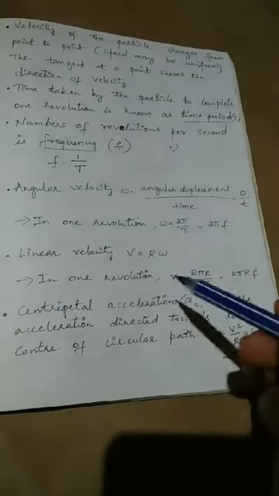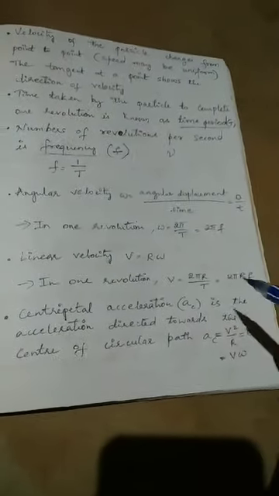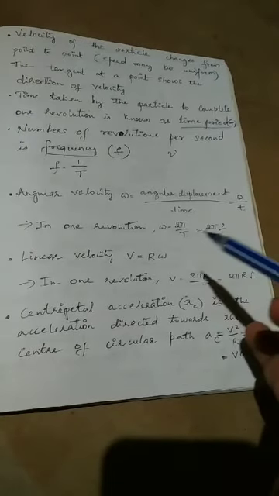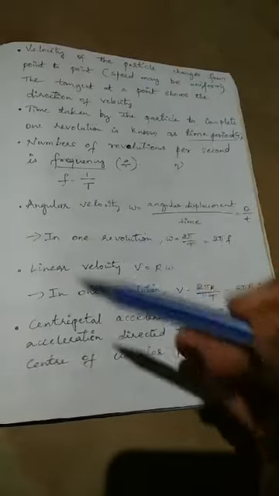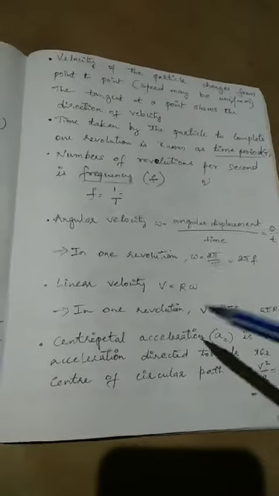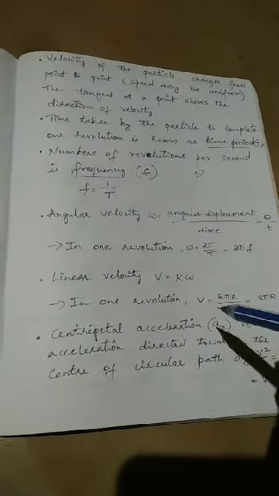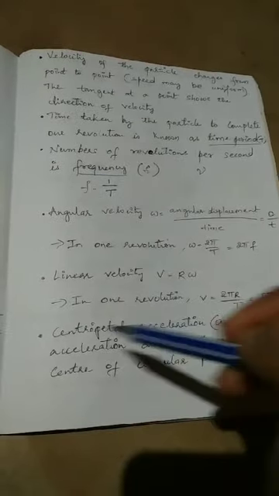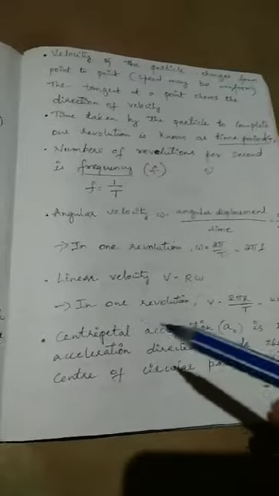So in one revolution, V equal to 2 pi R by T, that is 2 pi RF. 2 pi r is the circumference of the circle, that is the distance or displacement now. So linear velocity will be total displacement 2 pi r by T, the time taken or time period for one revolution.